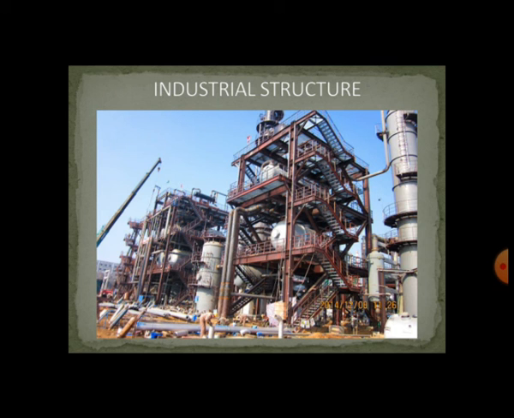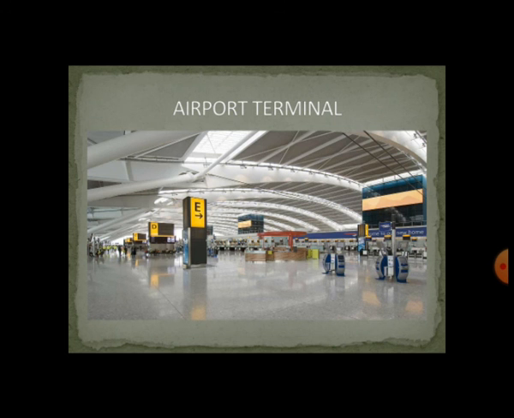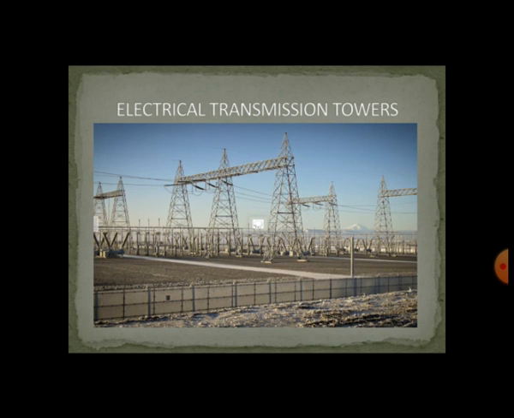And an industrial structure, airport terminal, electrical transmission towers. Most of the electrical transmission towers, may be cell towers, maybe TV towers, all these towers are made out of angular sections.